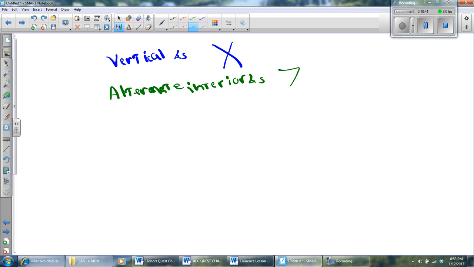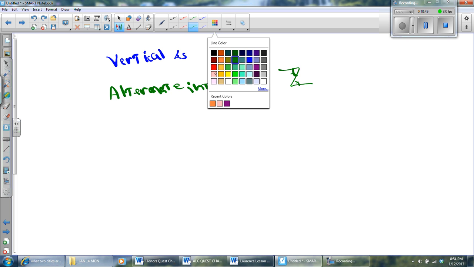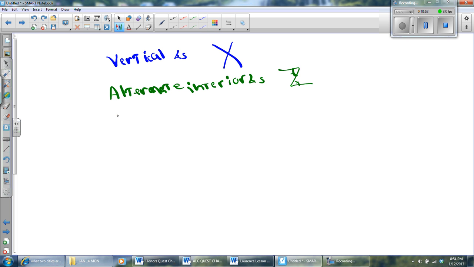Remember, they make the z's, right, where those two sides are congruent. Okay, I used corresponding. I don't remember what color I used for corresponding. Was that the pink one? So corresponding angles, which make the F.